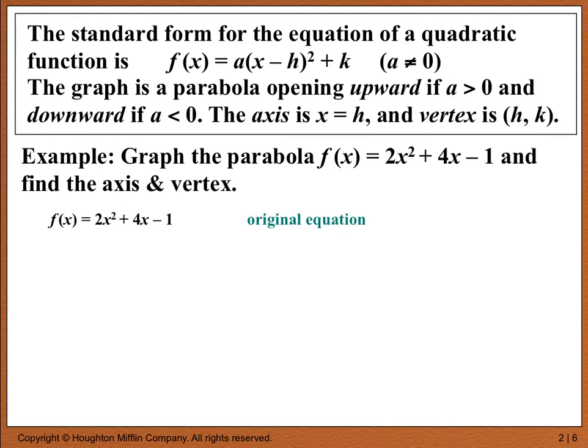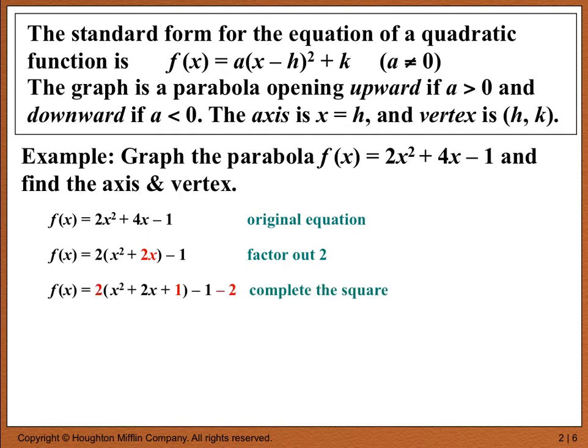So we have the original equation, and now we're going to complete the square. So f of x equals 2 times (x squared plus 2x) minus 1. We're just factoring out the 2. And now we complete the square because, for x squared plus 2x here, we have to add half of that middle term.